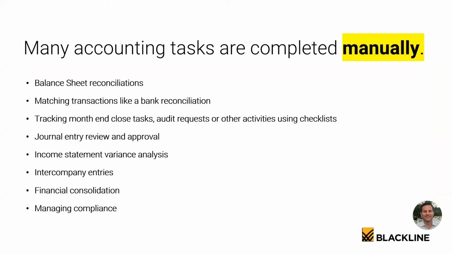You still have to manually key in amounts and make sure formulas don't break. You got to make sure your amounts always tie back to the general ledger. And maybe most importantly, with Excel, tasks can still take a very long time to complete. So for most organizations, we find continuing to complete accounting tasks manually in Excel just isn't sustainable.